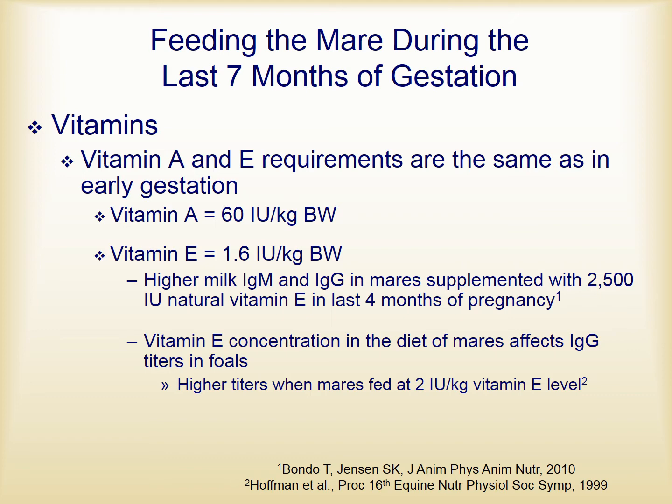Foals that then consumed that colostrum had better IgG titers. And so supplementing mares in late pregnancy with vitamin E can help to improve immunity in the foal. Vitamin E supplementation is very safe, and it's a very inexpensive way to help promote not only the mare's health, but the health of the neonatal foal as well.